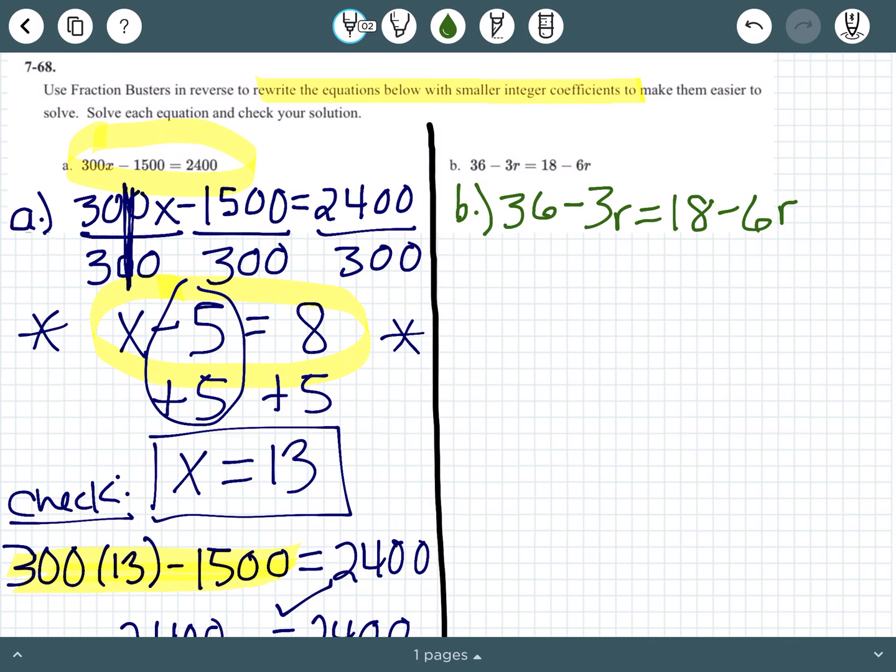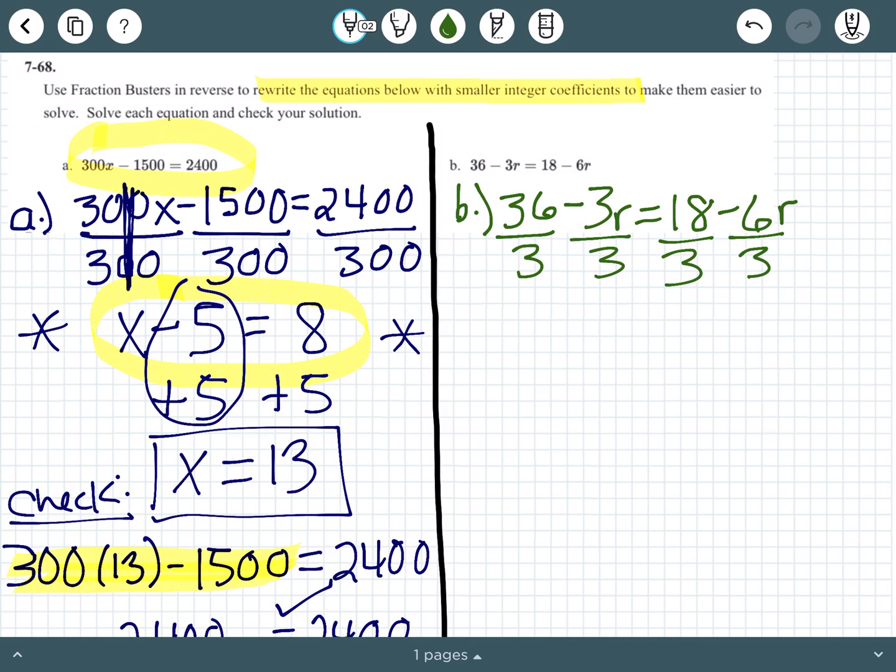And I want to make sure that I have only integers. I do not want any fractions. I do not want any decimals when I'm working. I know that 36 is divisible by 3, 18 is divisible by 3, and so is 6 or negative 6. So let's go ahead and divide all of these by 3 to see what we get as an equivalent equation.